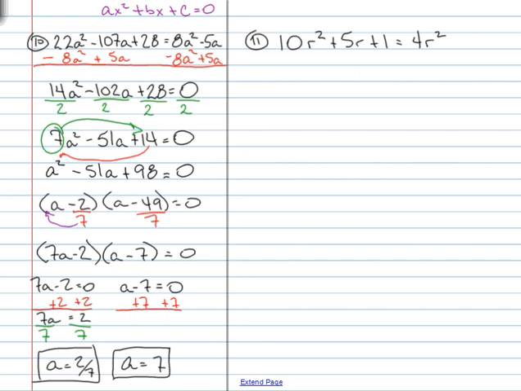Here with example number 11, we're looking at 10r squared plus 5r plus 1 is equal to 4r squared. So I first need to get it into my standard form, so I have to move that 4r squared to the left.